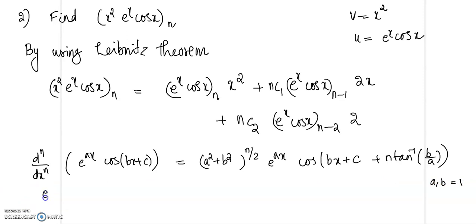So e raised to x cos x ന്റെ nth derivative എന്ന് പറയുന്നത്, so you will get 2 raised to n by 2 e raised to x cos x plus n. ഇനി tan inverse of 1 വരും, tan inverse of 1 is pi by 4.